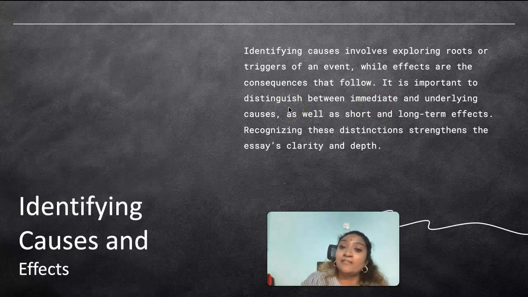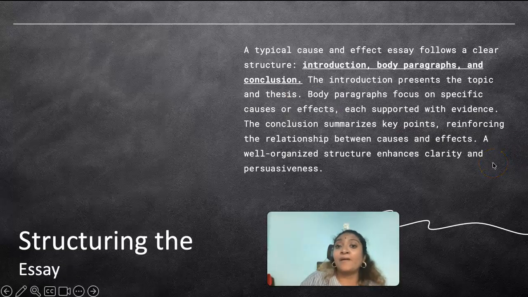For example, going back to the eyesight issue, the immediate cause could be watching too much TV, and maybe the underlying cause is probably genetic. Based on that, you will also see a huge difference in the effect itself, whether it's a short-term effect or a long-term effect.